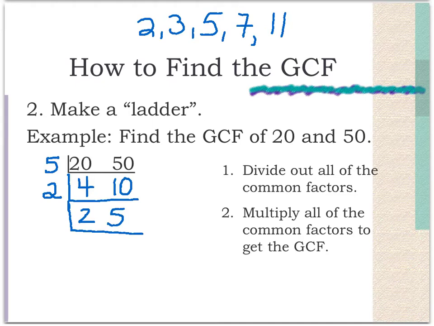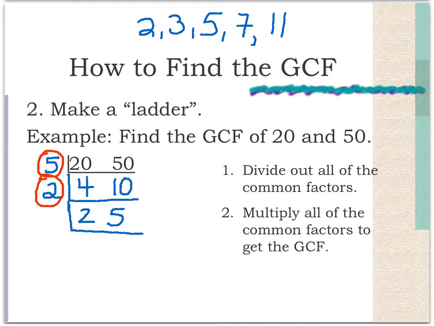Looking at my next set of numbers, 2 and 5. I already know that 2 is prime. 5 is also prime. And so I would see, finally, if there's any other prime numbers that go both into 2 and 5. And there aren't any. So, because I am done now, there are no more prime numbers that are factors of my numbers, then the numbers on the outside of the ladder are the numbers then that I'm going to work with.